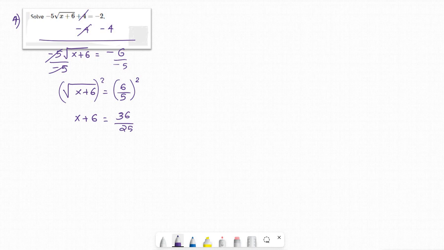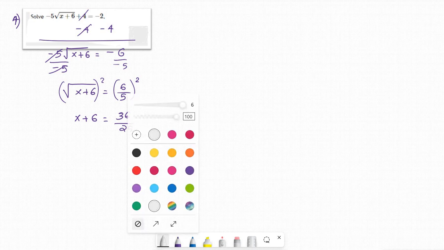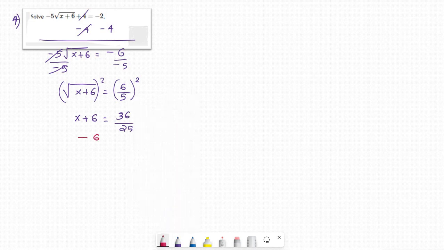Now we want to eliminate this 6, so we can subtract 6 from there. So x is equal to 36 over 25 minus 6. Okay, and the denominator of the 6 is 1. So we want to equalize the denominator to simplify that, so we multiply both the numerator and denominator by 25.